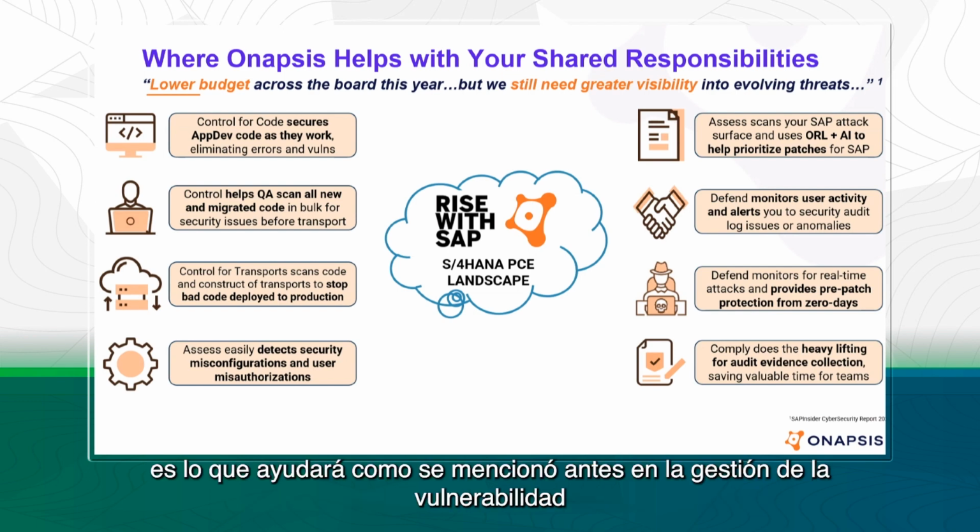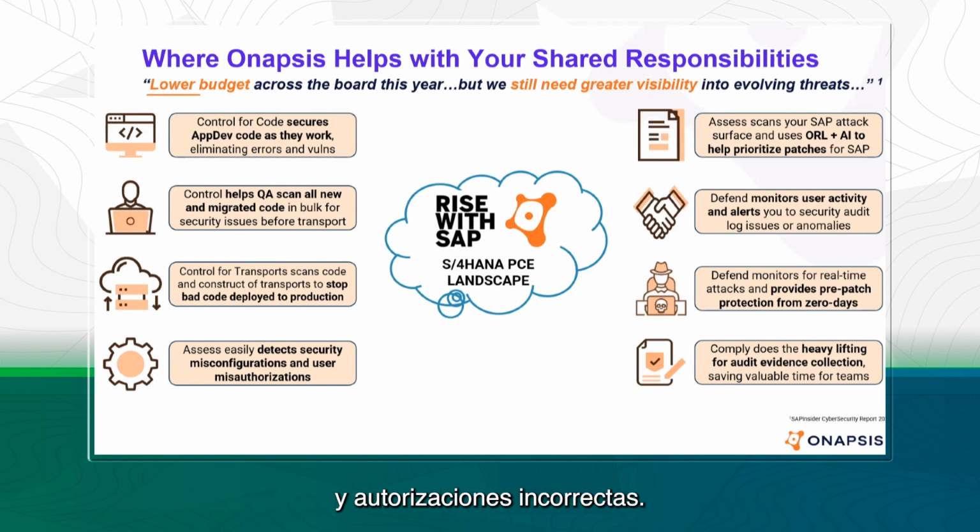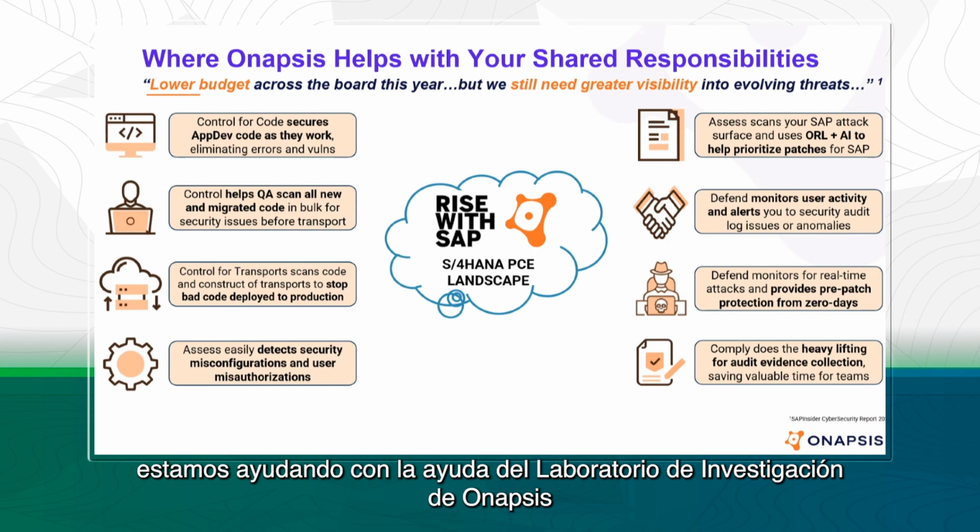Assess is what will help, as mentioned before, on the vulnerability management. Easily detect security misconfiguration and user misauthorizations. Next one, also with Assess, we are helping with the help of Onapsis Research Labs.